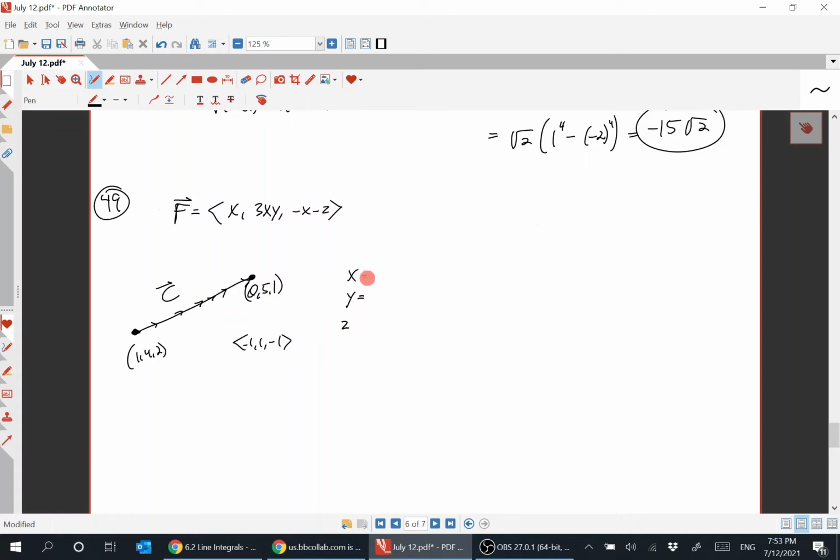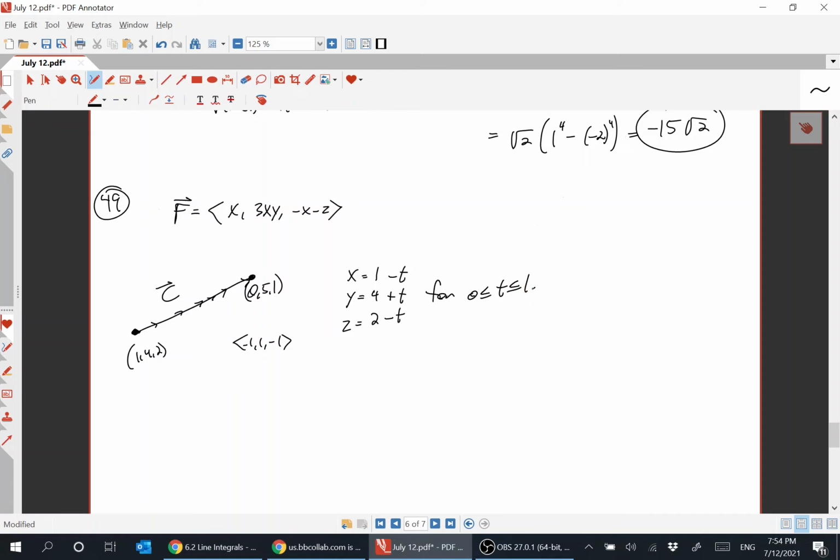And here you put a little hat over the C to mean that it's a directed curve. So x, y, z is equal to that base point, 1, 4, 2, plus t times this slope vector here, minus 1, 1, minus 1, for 0 less than or equal to t less than or equal to 1.